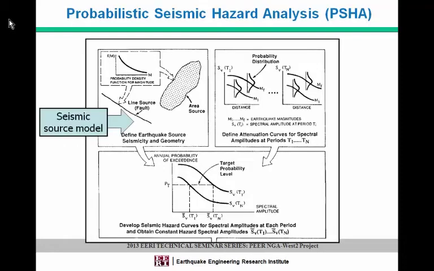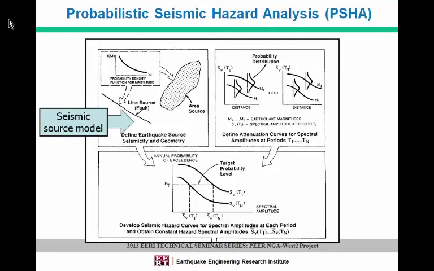I show you this slide, I know everyone knows, just to put it in perspective where we are. Probabilistic seismic hazard analysis, PSHA, is now a standard tool around the world. In order to do PSHA, you need basically 2 pieces of important information. First of all, on the left, you have to know something about the seismic sources: the geometry of the faults, rate of activities, background seismicity, and so on.